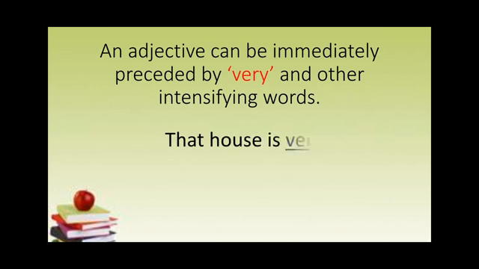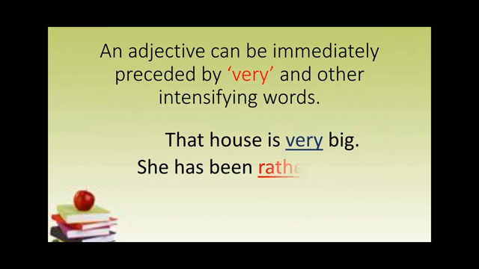By the time you begin to learn more about adverbs, you're going to be taught about intensifiers, okay? That house is very big. Very is an intensifier telling us how big the house is. She has become rather friendly. Rather is an intensifier, okay?